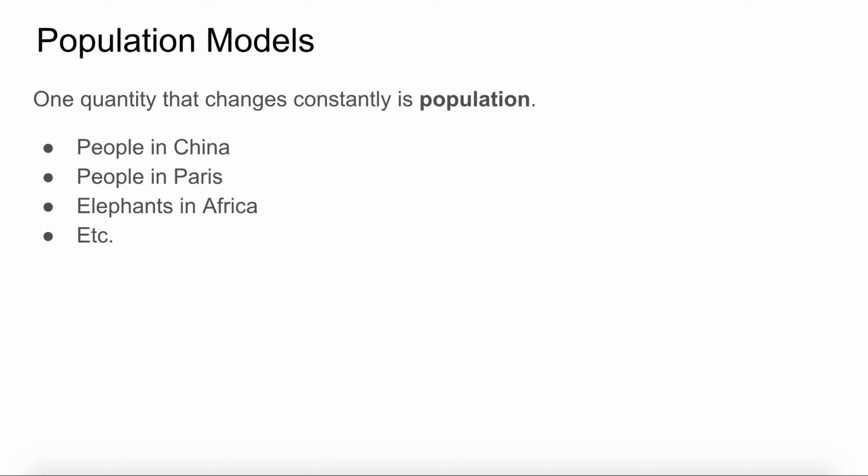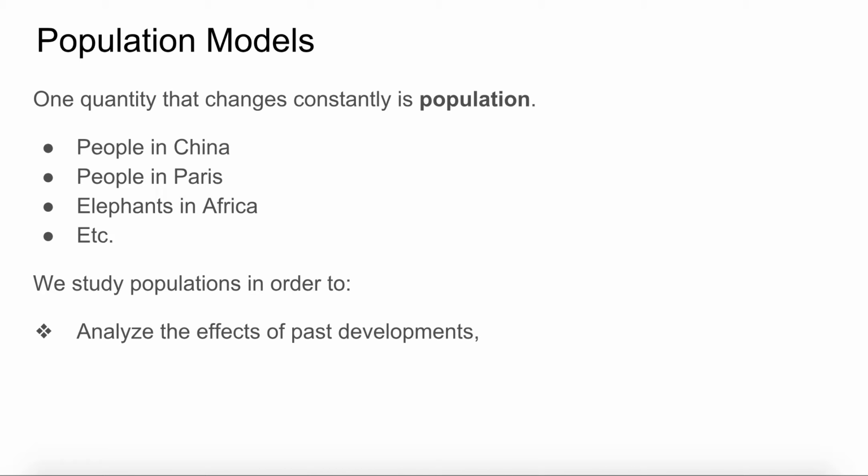Well, why might we want to use math to study changing populations? Well, we could study them in order to analyze the effects of past developments. So we might see that the population of people in China increased all of a sudden, and we might think, what could explain that? We might want to describe the current state of things. So if we were looking at people in Paris, we might say, well, right now Paris is the third largest city in the world, or something like that.